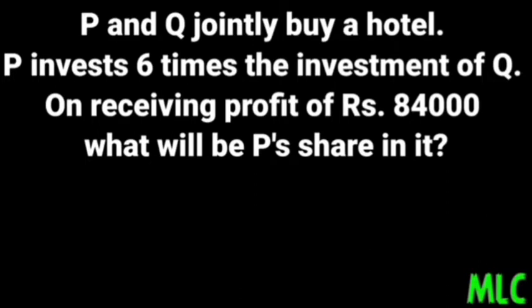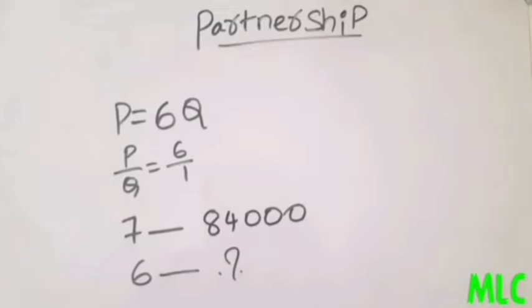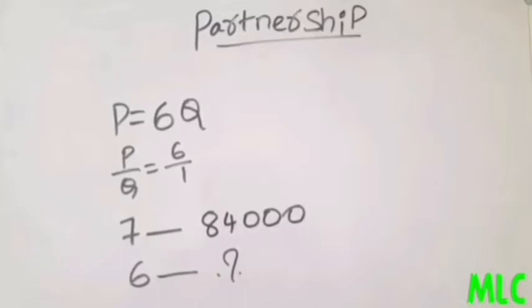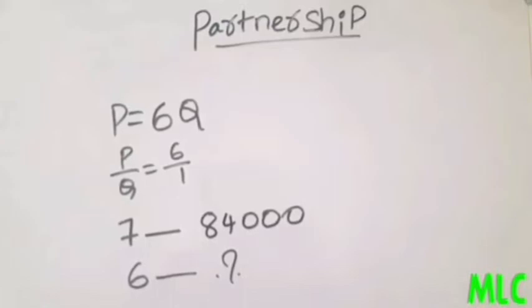The answer is, P is 6 times more than Q. So we can write, 7 parts is 84,000, and he's asking how much 6 parts is. I've written here what is given in the question.